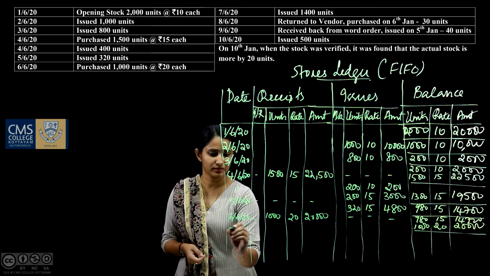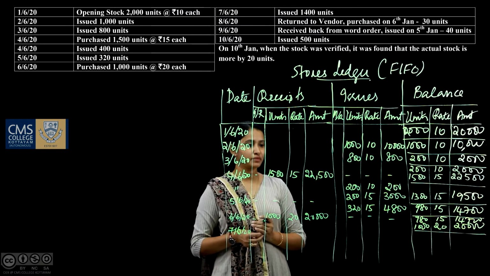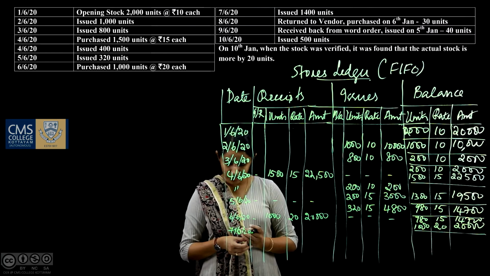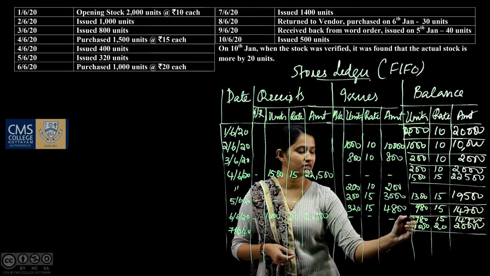On 7th June, the production department has asked us for 1400 units. So we will make the issue first from the first lot according to the first out method.